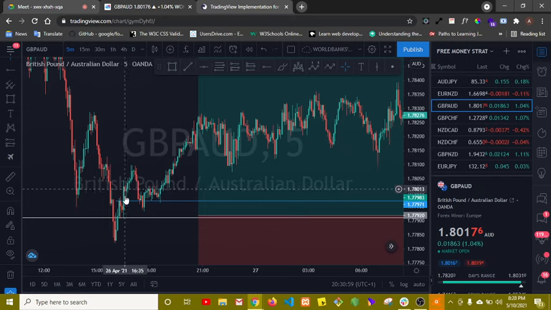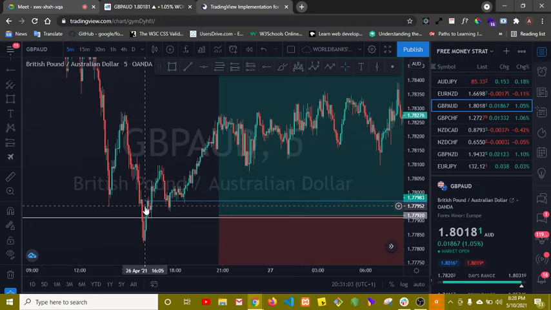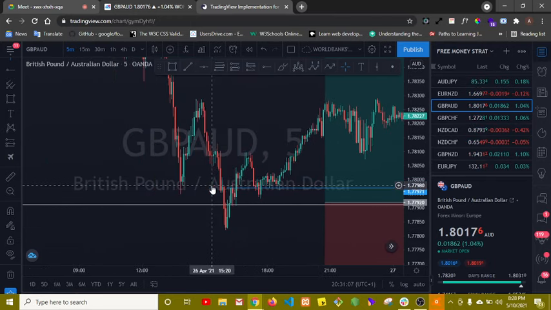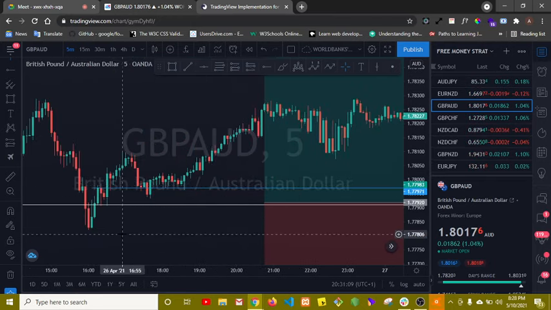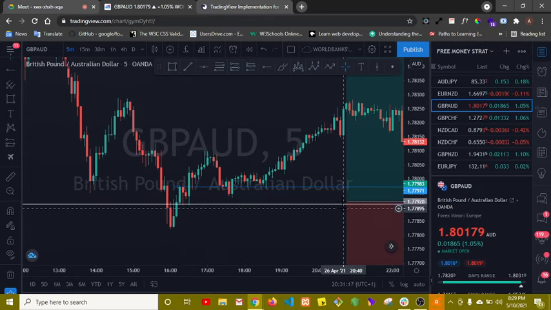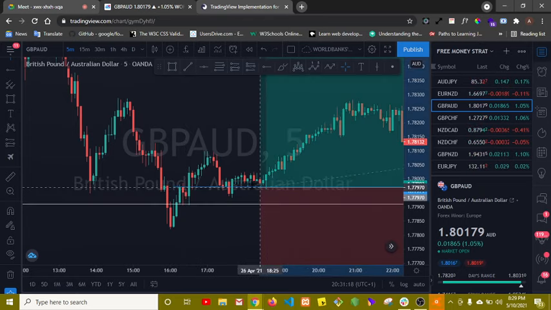Just take a look at this bullish candle. That's an impulsive move, and it broke this structure. This structure alone is a previous high. Lower low, lower high, lower low, lower high. So this place is a previous high. So that's the break of structure we add there.